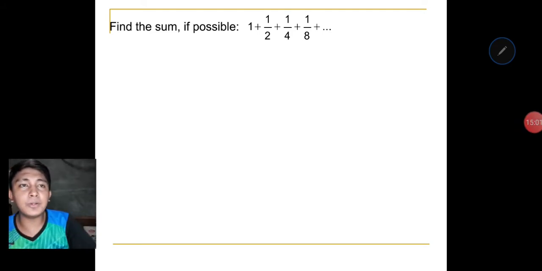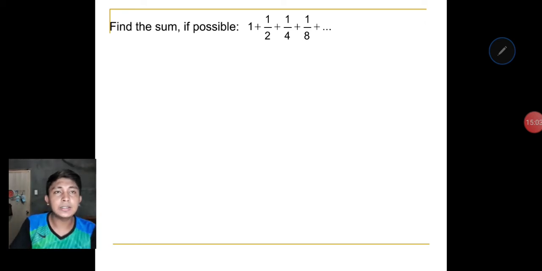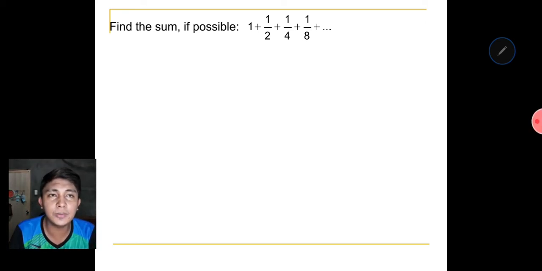So that is an example of an infinite geometric sequence. So ano kaya ang kanyang ratio? So 1/2 divided by 1 is 1/2. So to be able for you to get the next term, di ba? That is multiply it to 1/2.